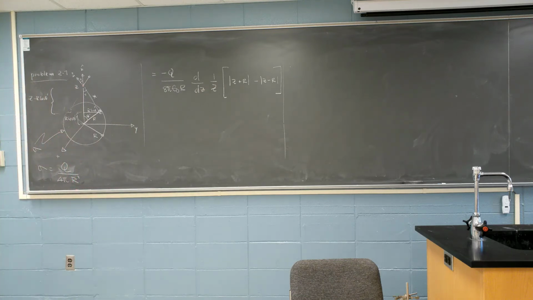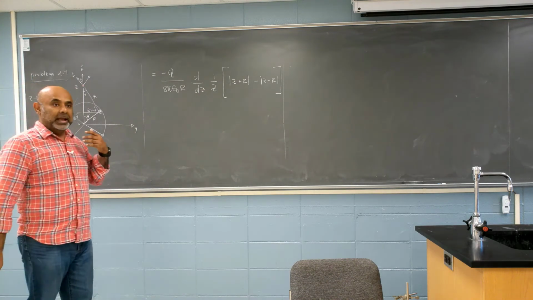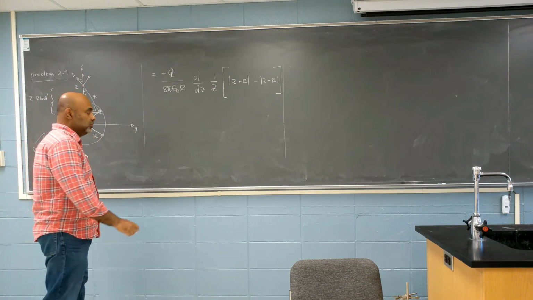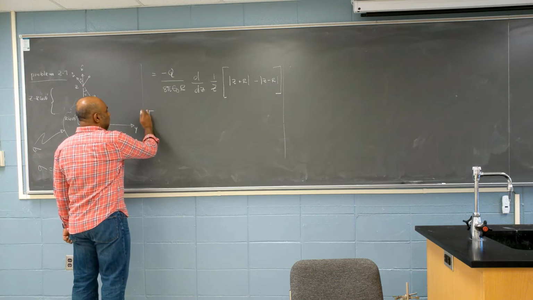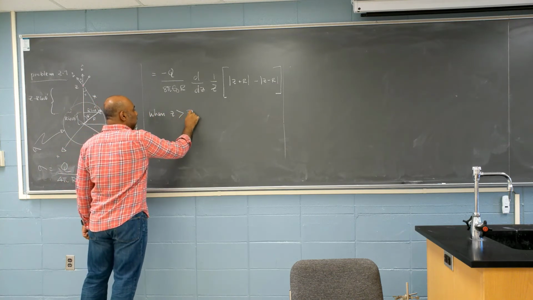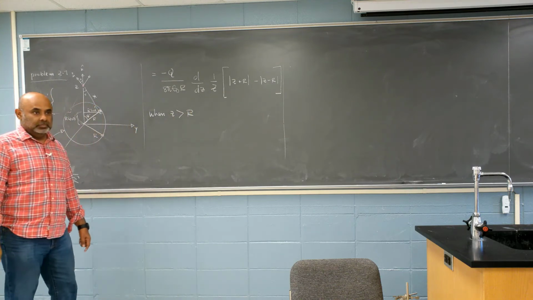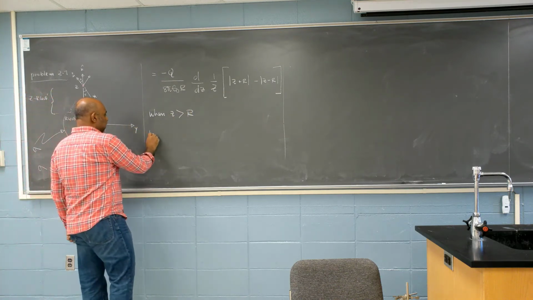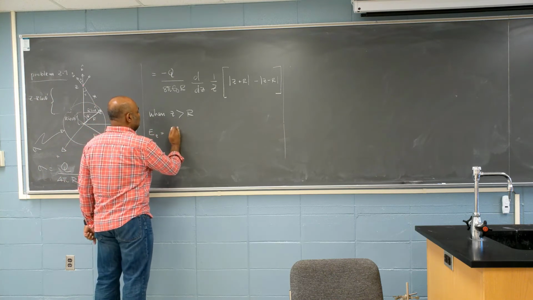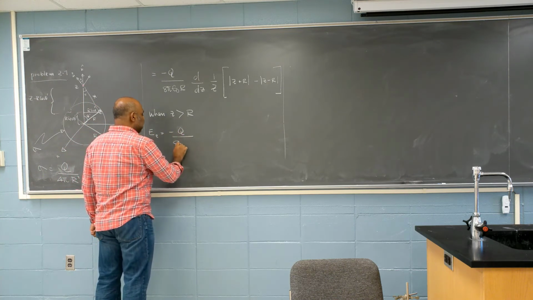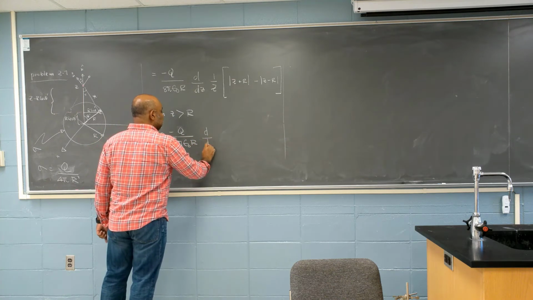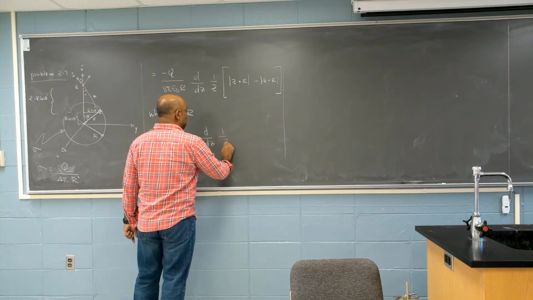Yeah? I don't know how to take absolute value everywhere, so I have to break it into 2 regions. So region 1, when z is greater than r. Then the electric field is equal to minus q over 8 pi epsilon naught r, d/dz of the expression.